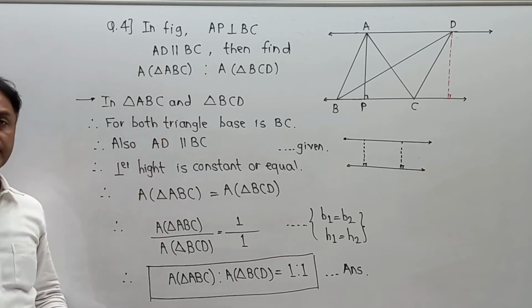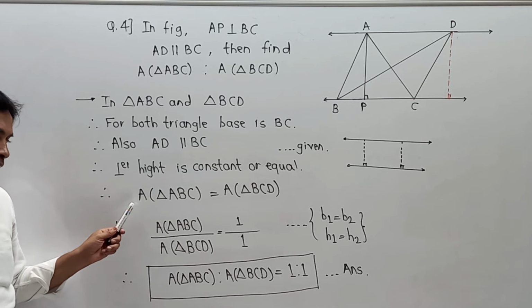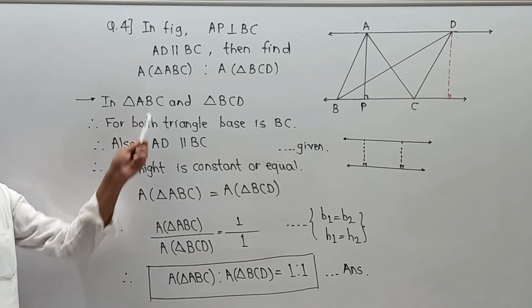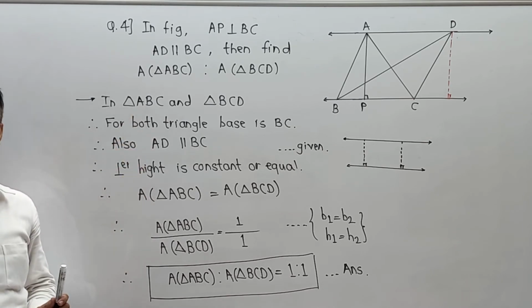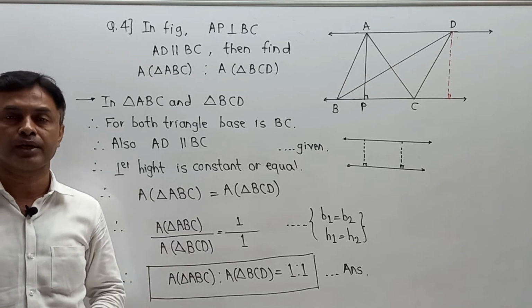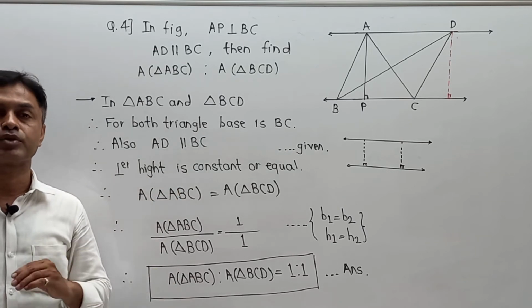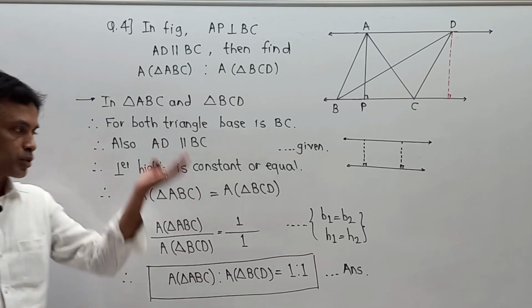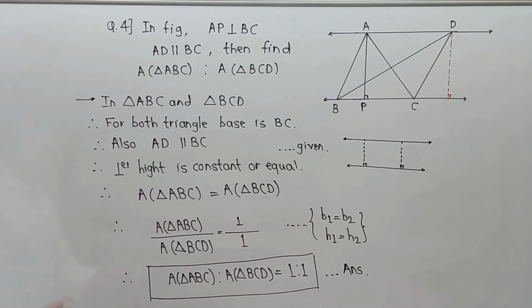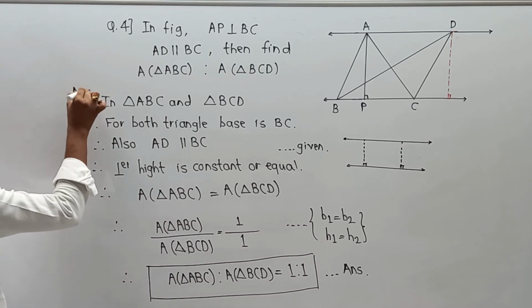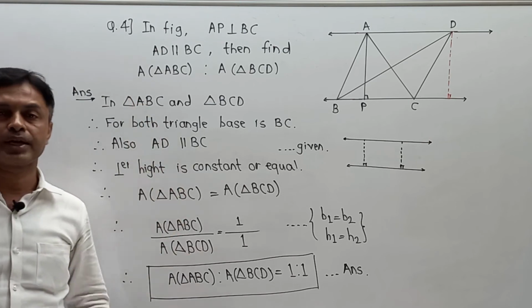So practice continuously and observe. You cannot write this answer directly from this step. Yes, this declaration or clarification is also required, and please observe the numerical carefully. First observe it, second observe it, and then write by your own prepared method so that you get proper knowledge of that part. And in this way you can complete the numerical.